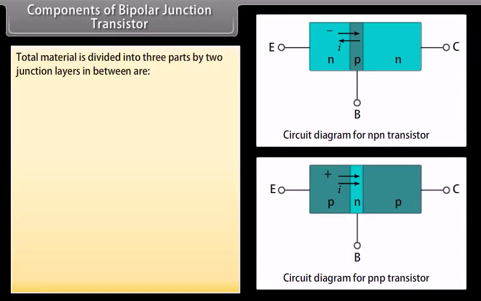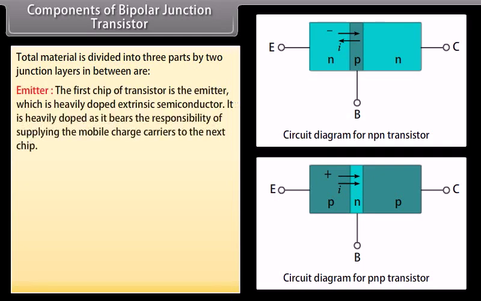The total material is divided into three parts by two junction layers in between. Emitter: the first chip of the transistor is the emitter, which is a heavily doped extrinsic semiconductor. It is heavily doped as it bears the responsibility of supplying the mobile charge carriers to the next chip.